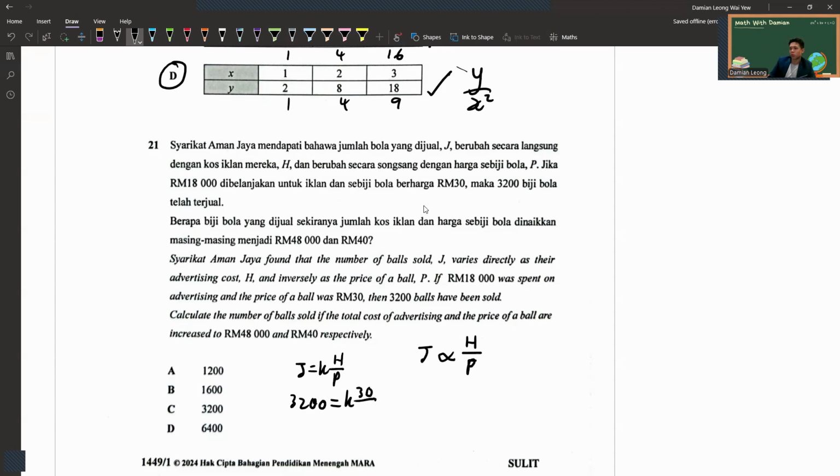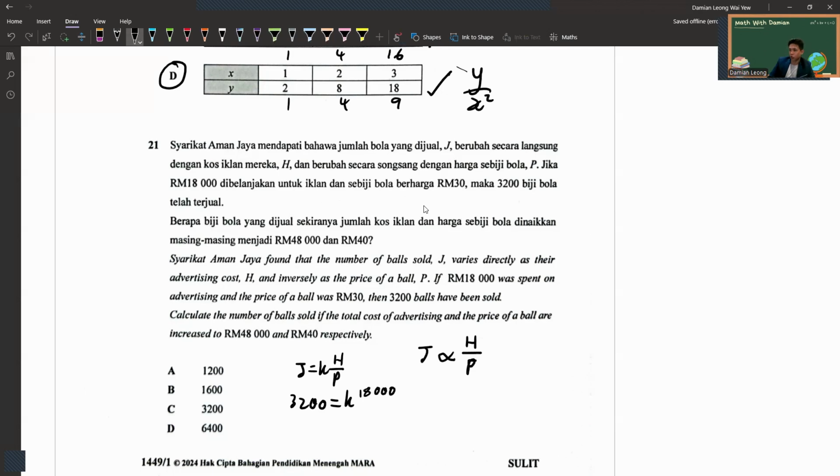So we can times 300, but it doesn't really matter, because the other one we also have 18,000 spent on advertising, my bad.